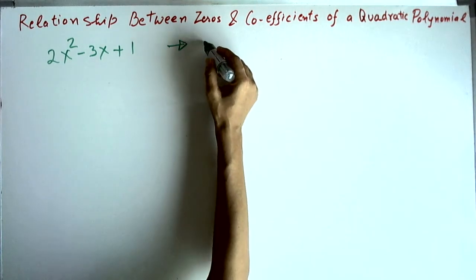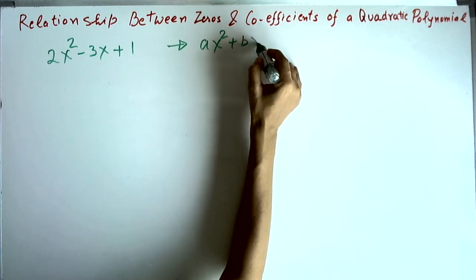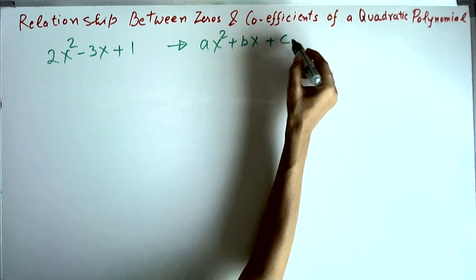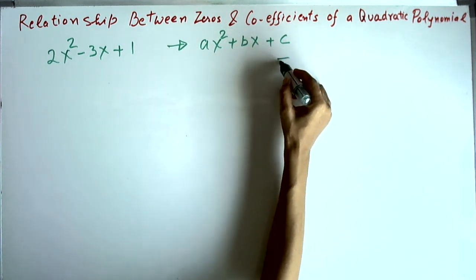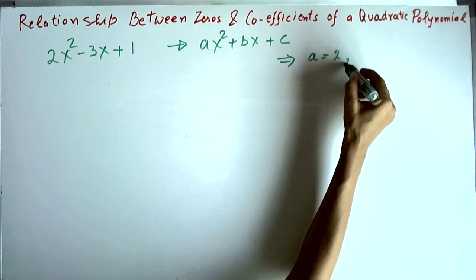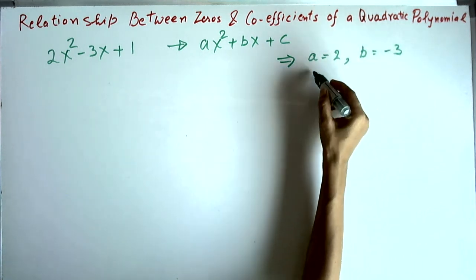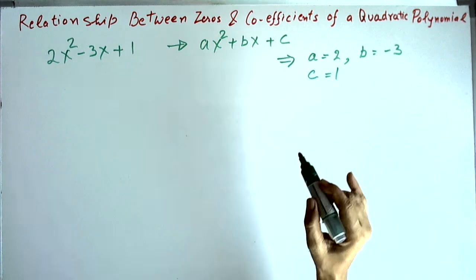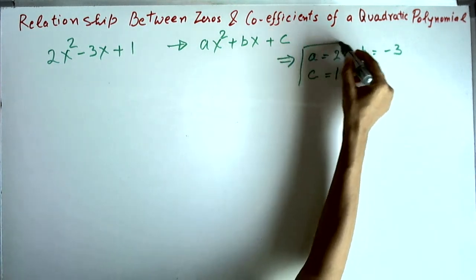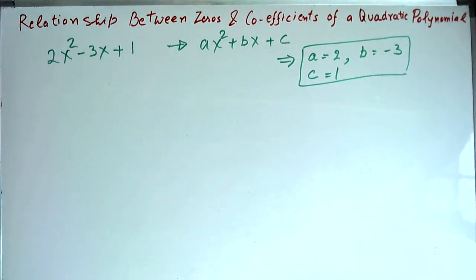So if we put it in the format ax² + bx + c, then we find that a is equal to 2, b is equal to -3 and c is equal to 1. So these are the coefficients of this quadratic equation.